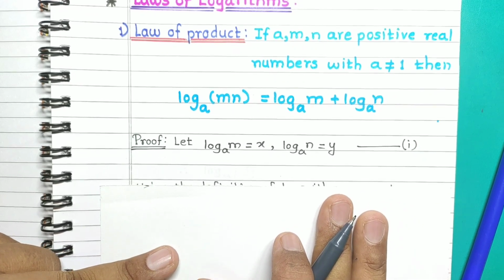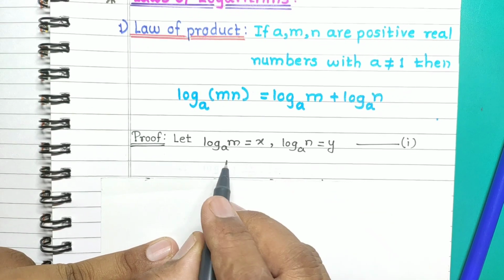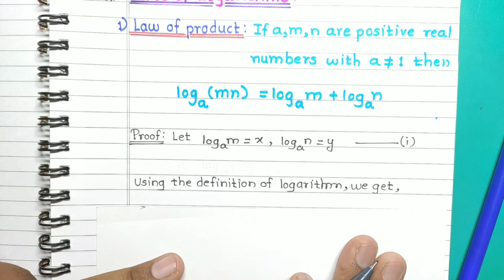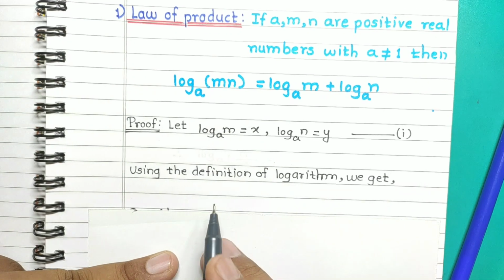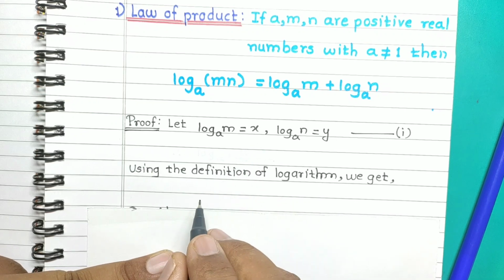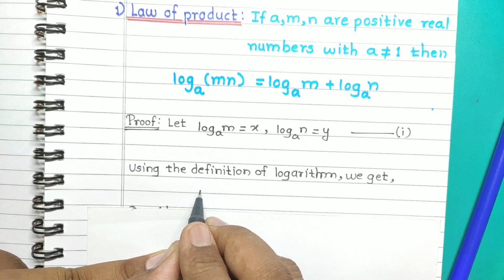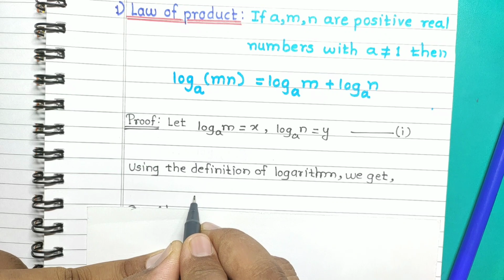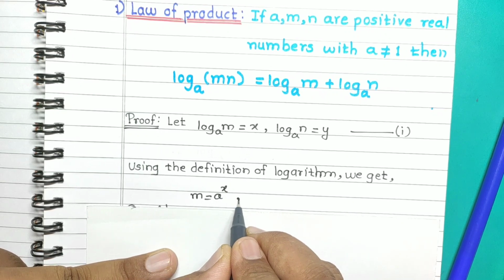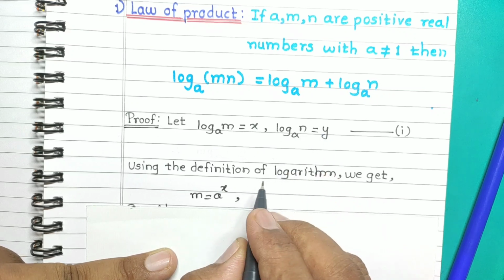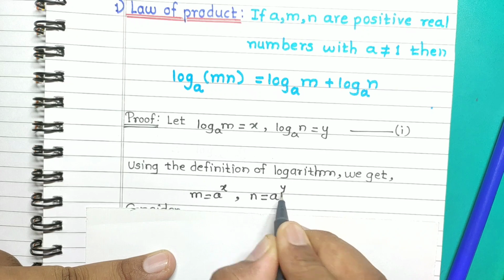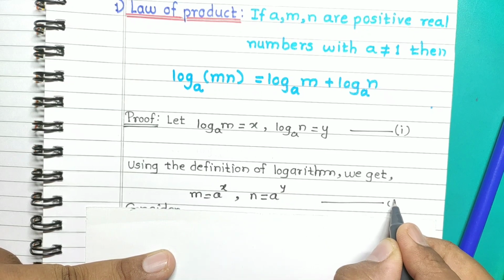Then by the definition of logarithm, we write logarithmic form to exponential form as m is equal to a raised to x, and n is equal to a raised to y. Call it equation number 2.